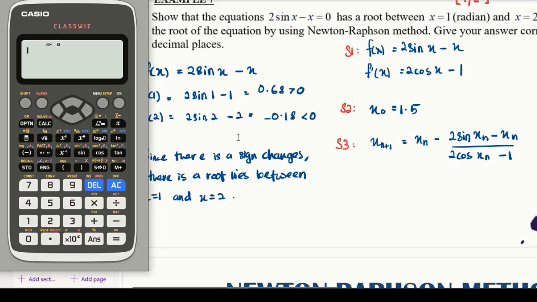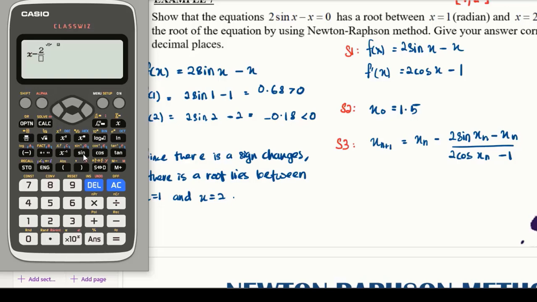This is a trigonometric function, so make sure your calculator is in radian mode. Now we would like to input this formula into our calculator. How to press x? We have alpha, so we press x here, minus, we have a fraction, and we have 2 sin x minus x.